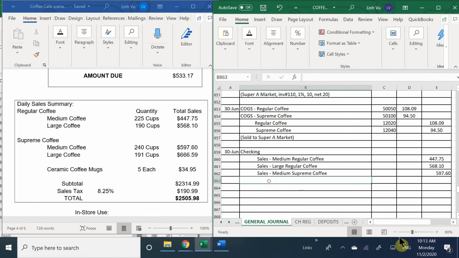And then you sold supreme coffee again, large coffee, 191 cups for 666.59. Okay. And then lastly, what else did I sell? You sold ceramic coffee mugs, $5 each, for 34.95.